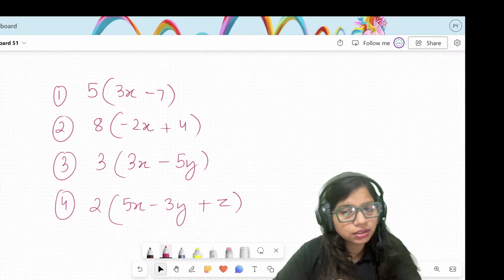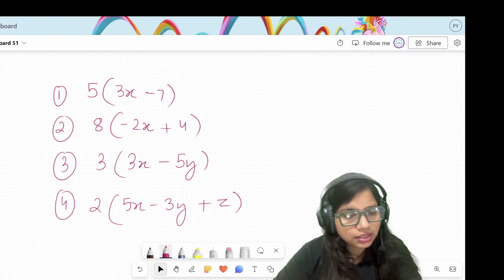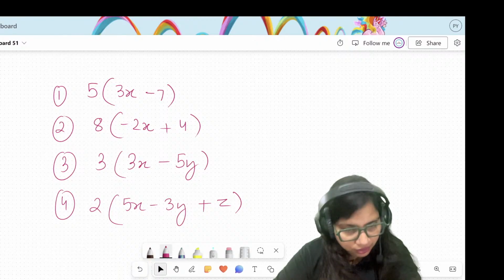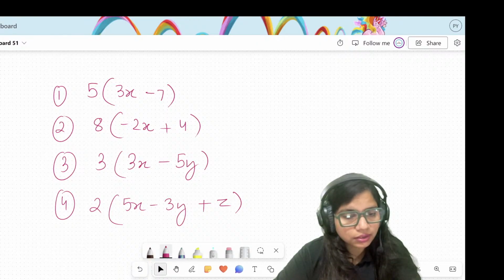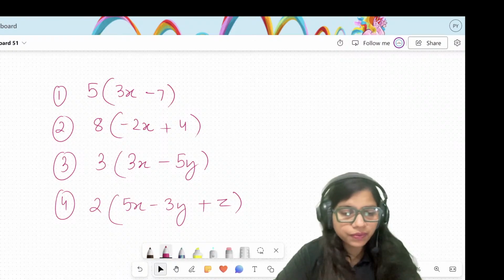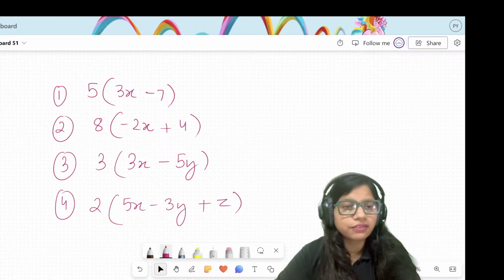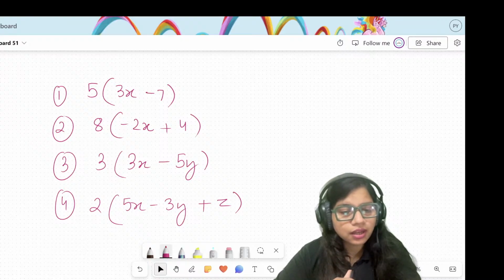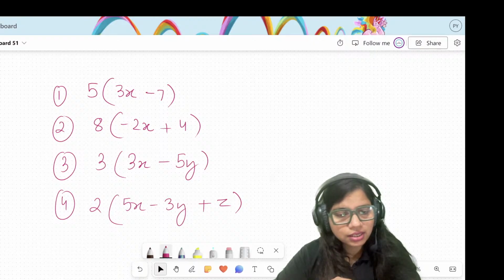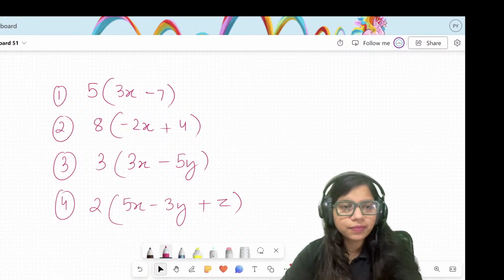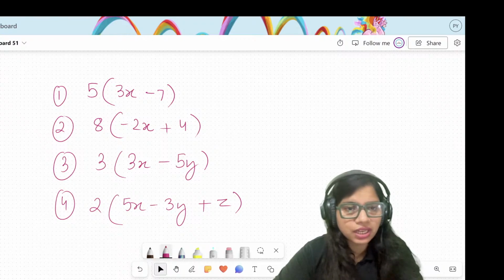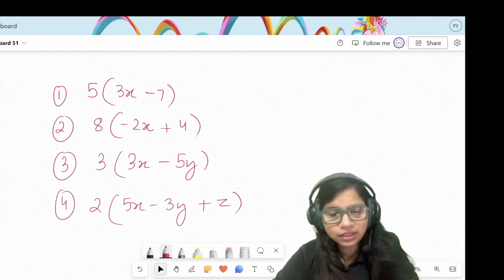Second answer is minus 16x plus 32. That is correct for both. The third answer is 9x minus 15y. That's correct as well.